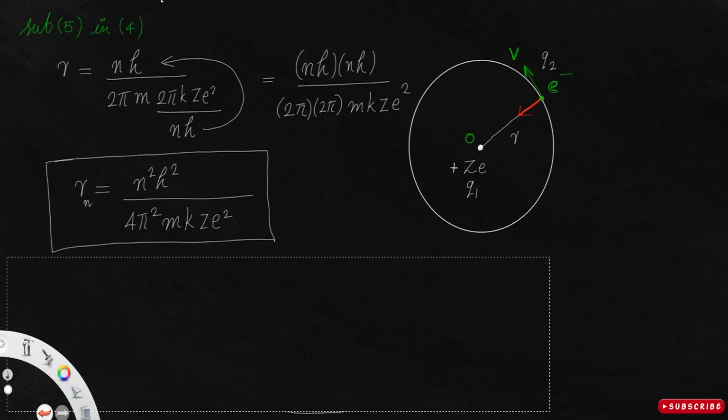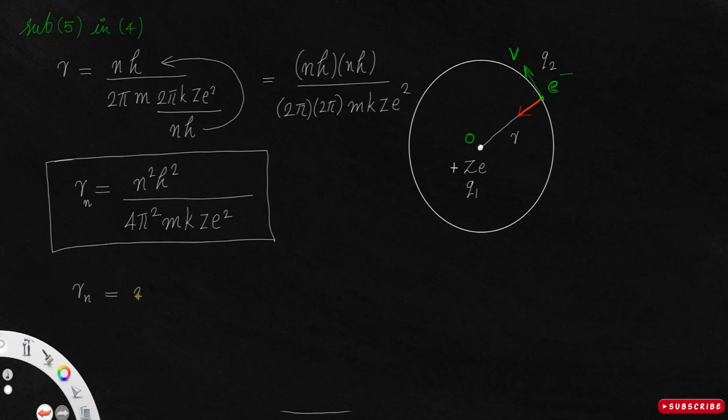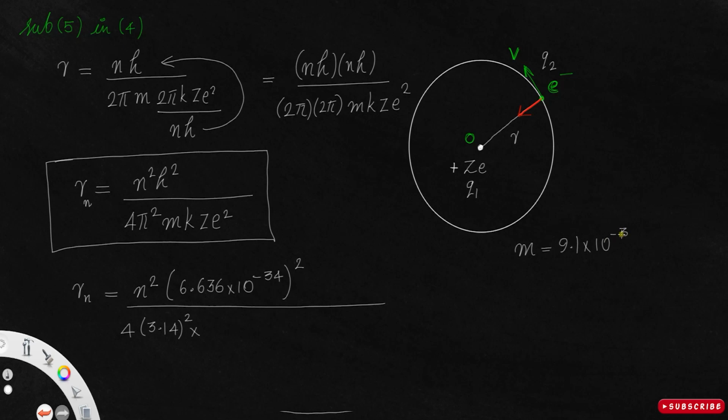See, we have Rn is equal to n square into, the value of h is actually Planck's constant and it is 6.636 into 10 raised to minus 34 square, divided by 4, pi is actually 3.14 square, and the mass of electron is 9.1 into 10 raised to minus 31.